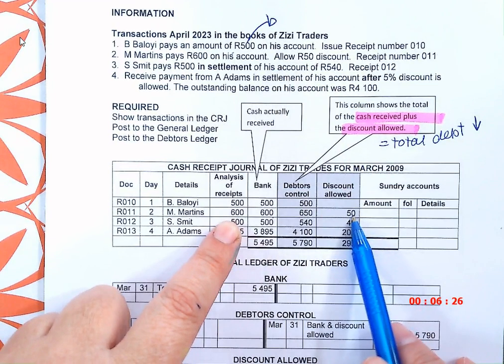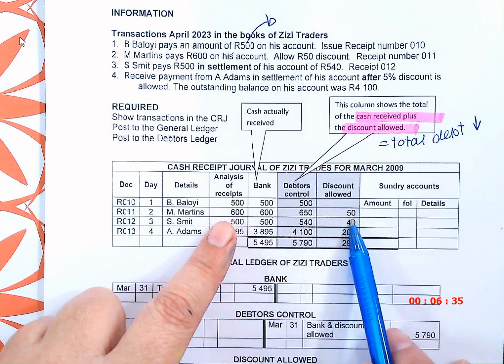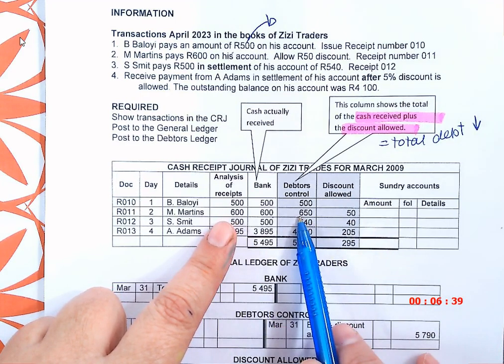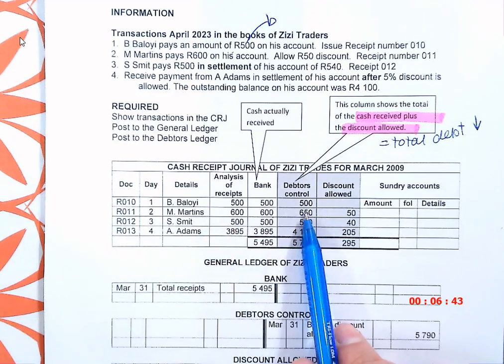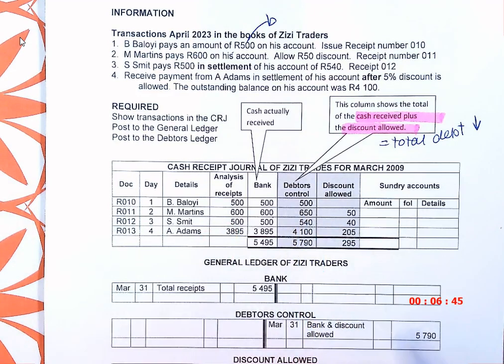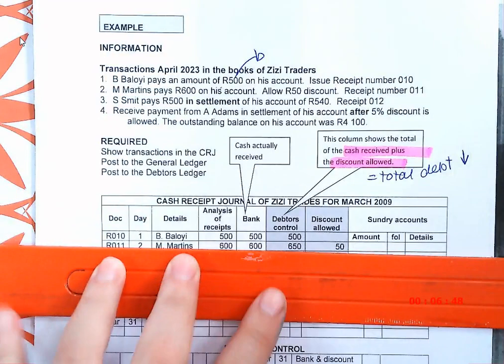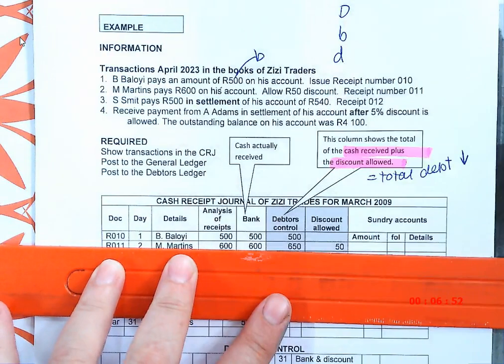How much did his debt decrease? With the 600 he paid and the 50 discount, meaning 650. You guys get it? No. Let's do it like this. If I say to you, debt, bank, discount.